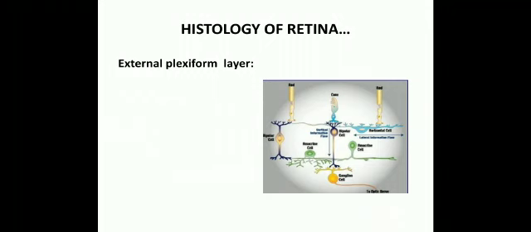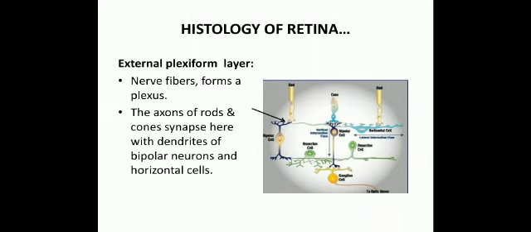The external plexiform layer. Here the nerve fibers form a plexus. The axons of rods and cones synapse here with the dendrites of the bipolar neurons and the horizontal cells.